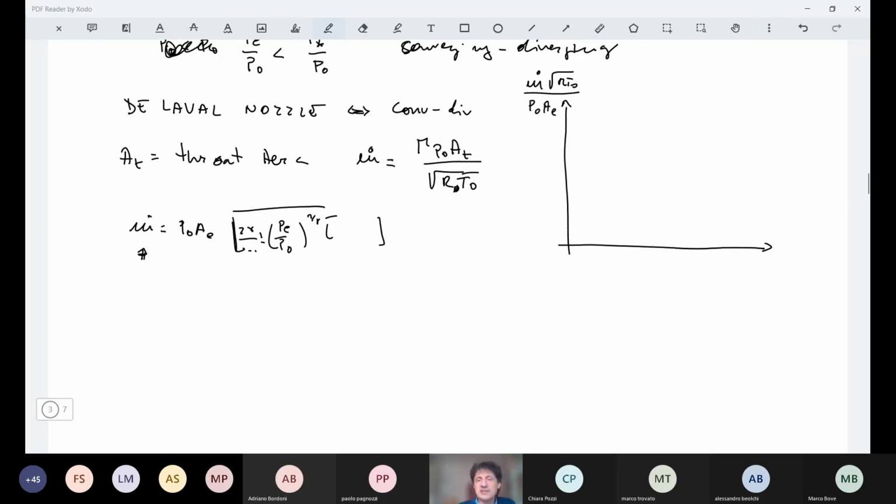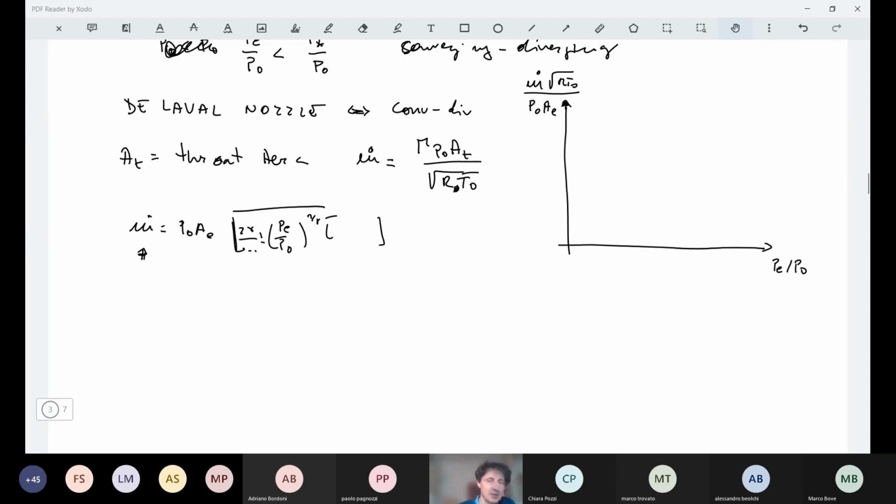So in this case, if I plot this quantity, in practice I'm showing the evolution, as a function of P over P0, of 1 over AE, because all the other quantities are fixed in this case.